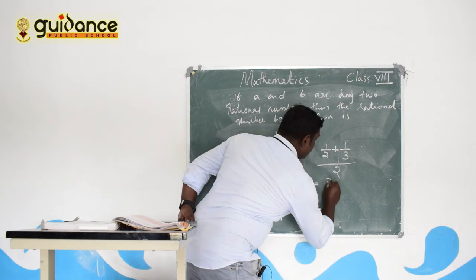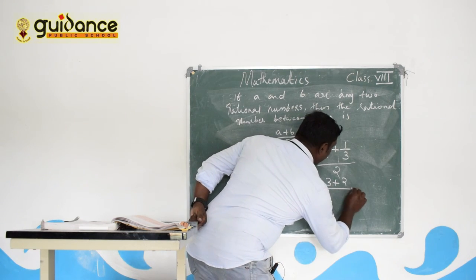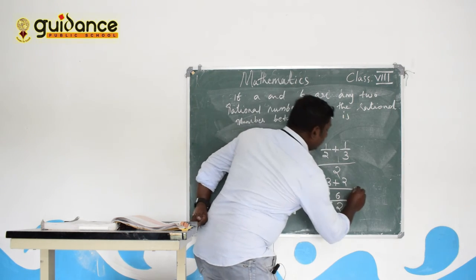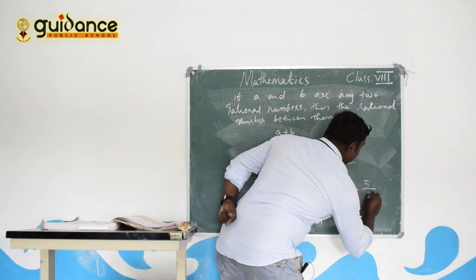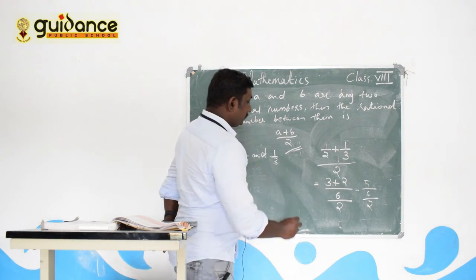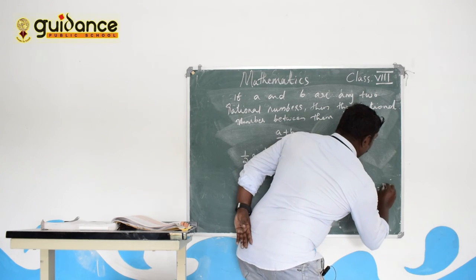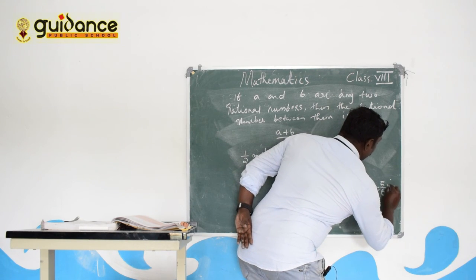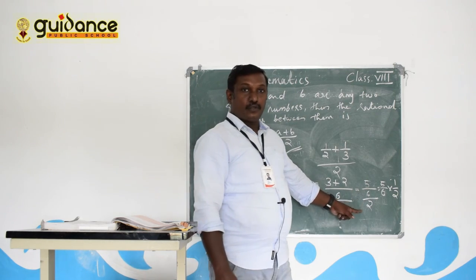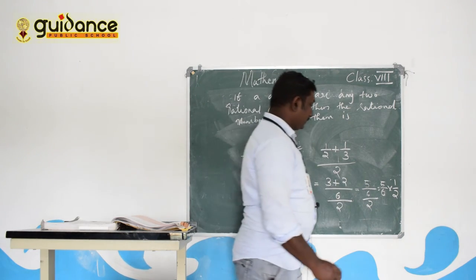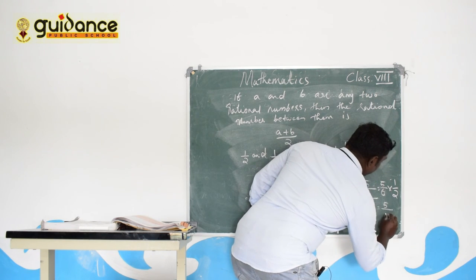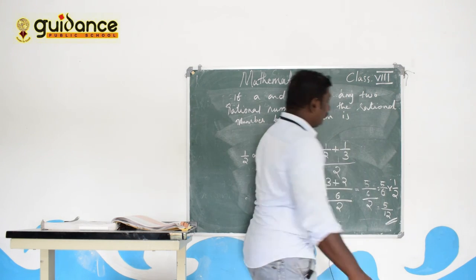It will become 3 plus 2 by 6, all divided by 2, which is equal to 5 by 6 by 2. That is 5 by 6 into 1 by 2, since we find the reciprocal of 2 and multiply with 5 by 6. It is equal to 5 by 12. Do you understand? 5 by 12.